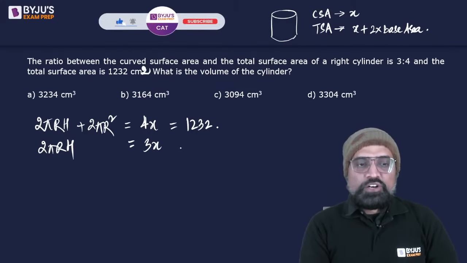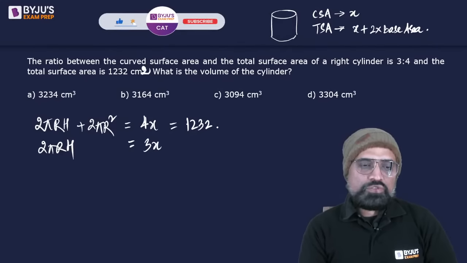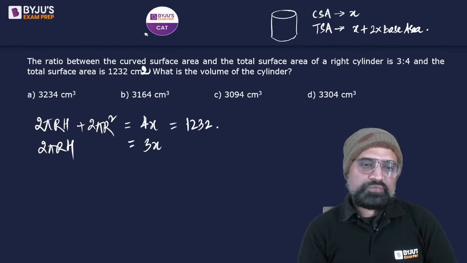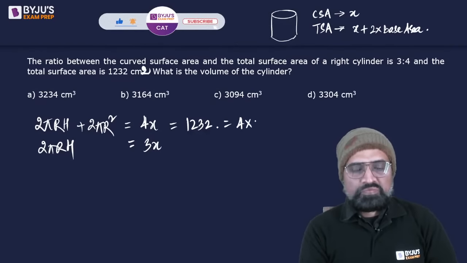So if we take out... सॉल्व करना चाहिए, रेडियस तो चाहिए होगा. 308.